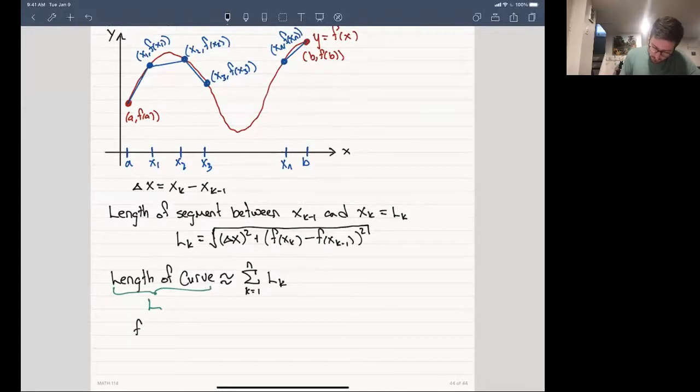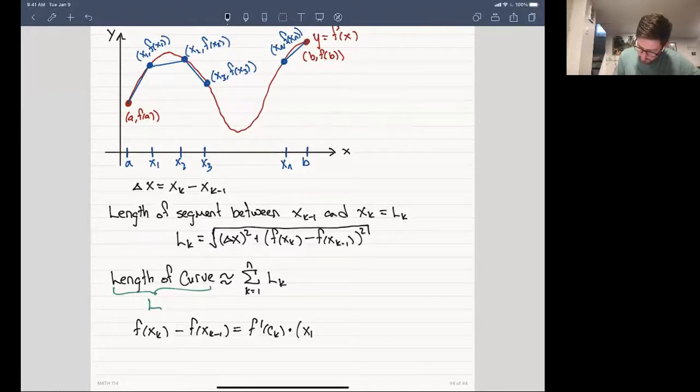The mean value theorem tells us that f of xk minus f of xk minus 1 is equal to, so you might have to look back up the mean value theorem for this, the derivative of f at some point ck multiplied by the change in x.